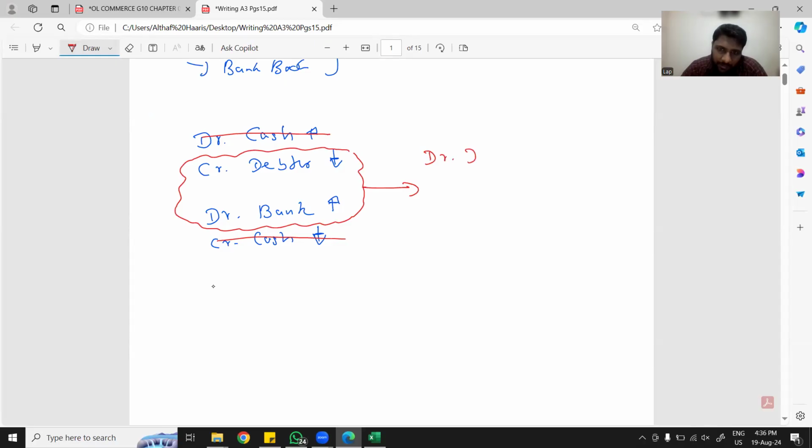Debit the debtor account, credit the bank account. So here you have decreased the debtor. No? His money was rejected because his check got rejected. Now we have to increase his balance.